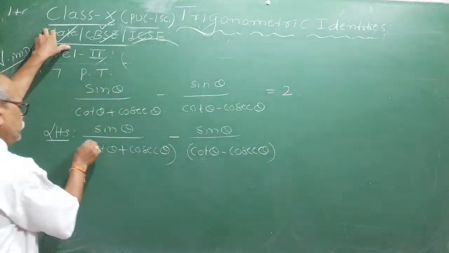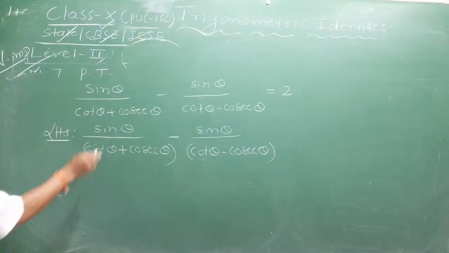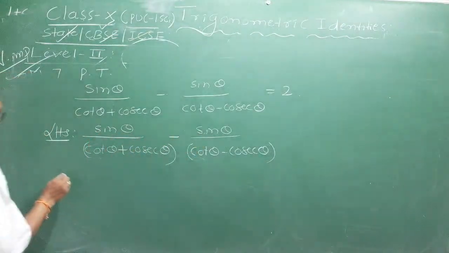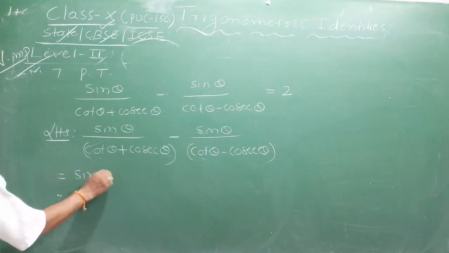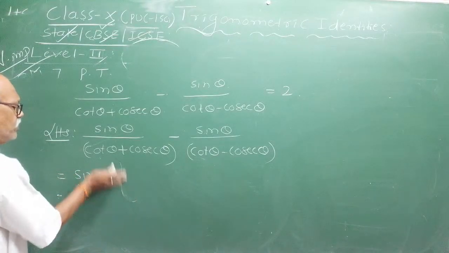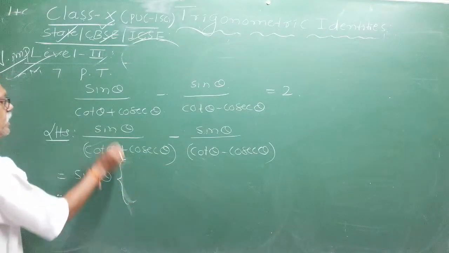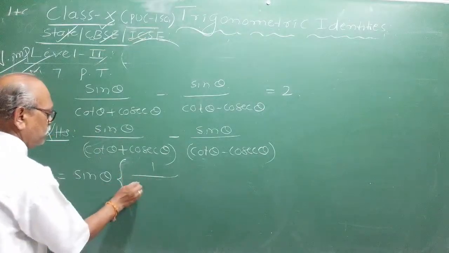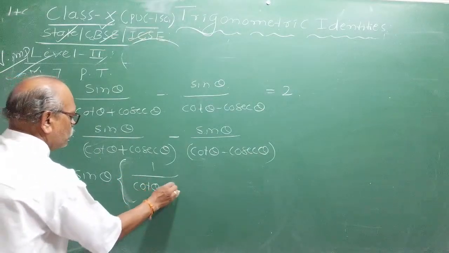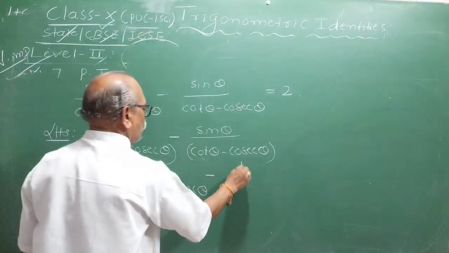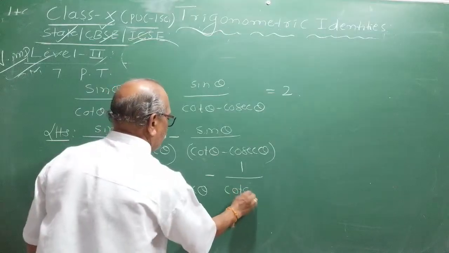You can observe that in both the numerators, sin theta is common. Carefully observe every step, you must think. Therefore, take sin theta common and put everything in a bracket. You are left with 1 upon cot theta plus cosec theta, minus 1 upon cot theta minus cosec theta.